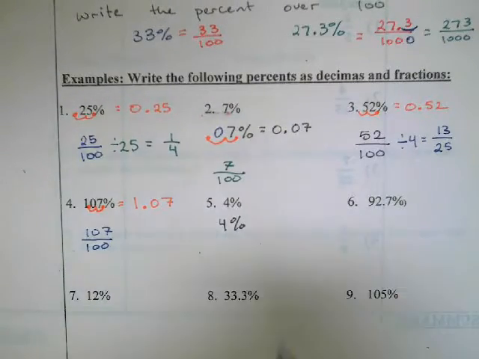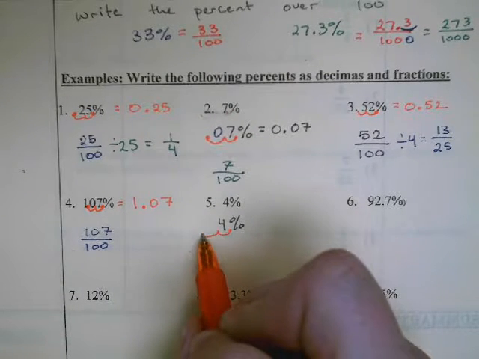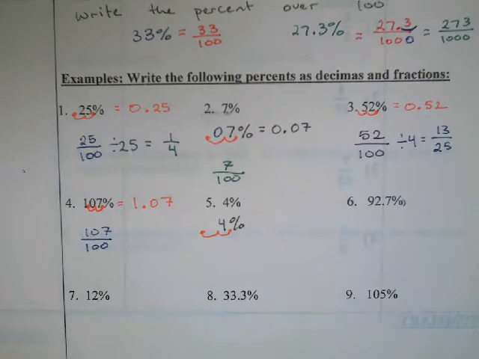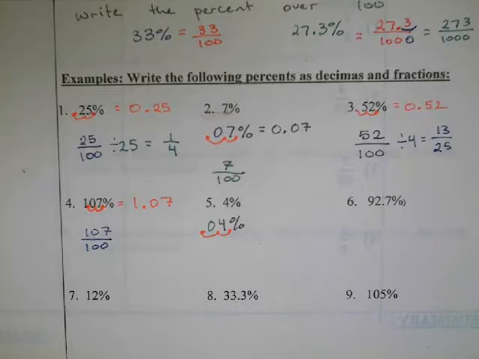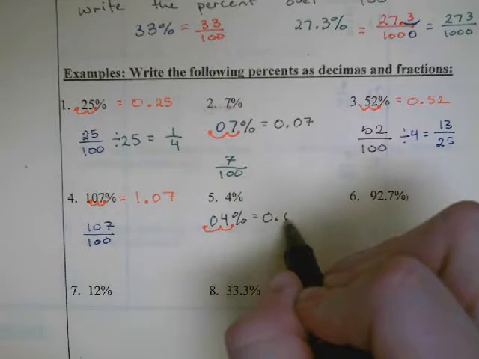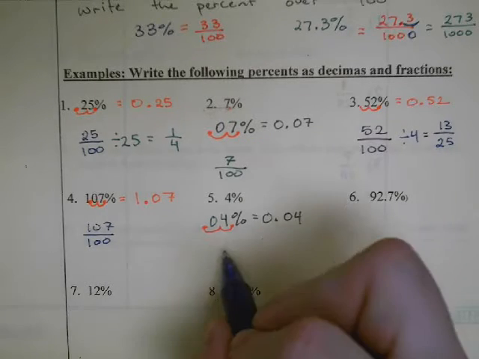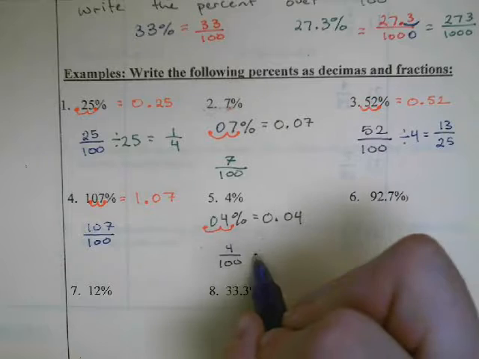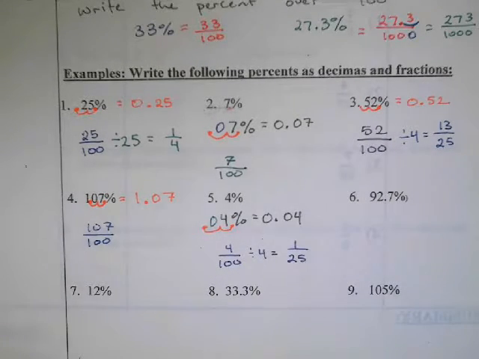And when I move my decimal twice, that leaves that blank space. And what will I put in that blank space? We'll put a 0. So we end up with 0.04. Then we can write it as a fraction. 4 over 100, dividing top and bottom by 4, and we get 1 over 25.